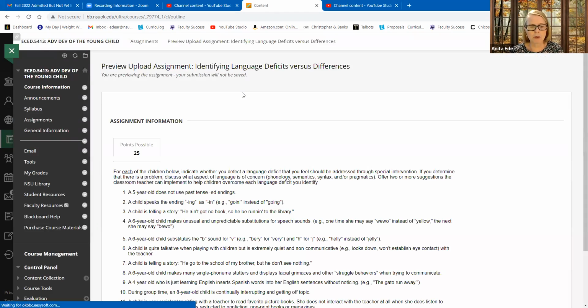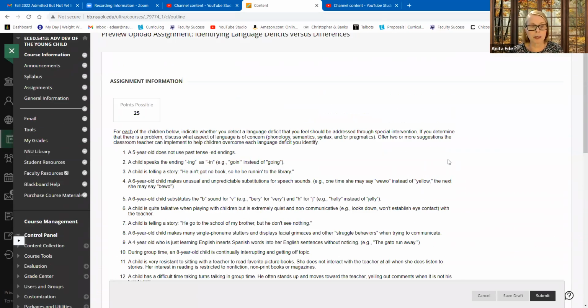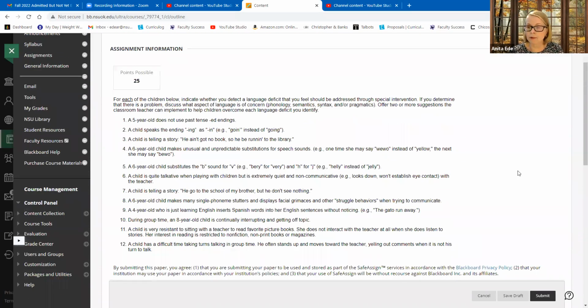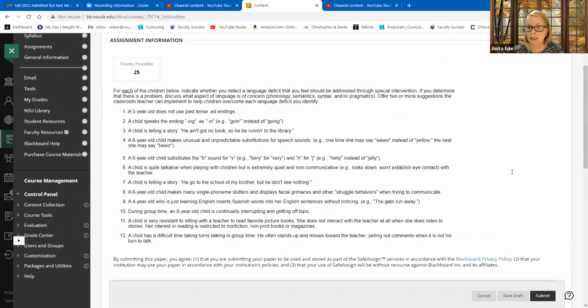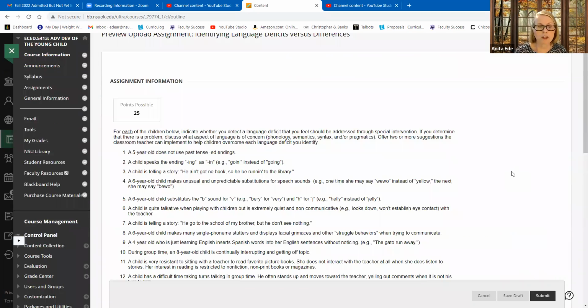This week, you're going to be doing the, is it a deficit or is it just a developmental issue? Does this child need special intervention? For each one of these, look at the phonology, look at semantics, look at syntax, and look at pragmatics before making your decision.